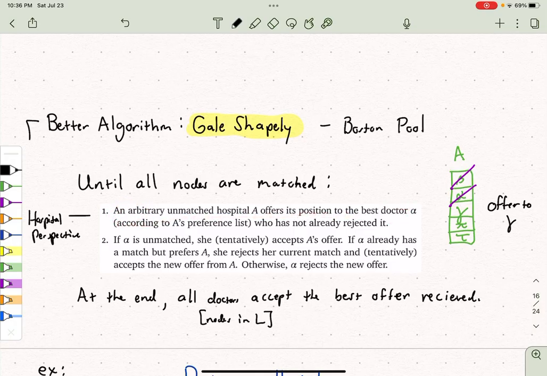Now, what the doctors are going to do is, if they're unmatched, they will tentatively accept their current best offer. So in this example, gamma would tentatively accept.